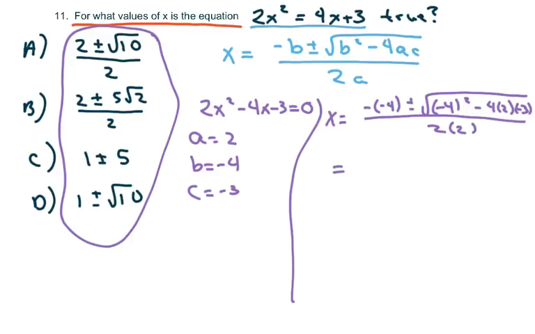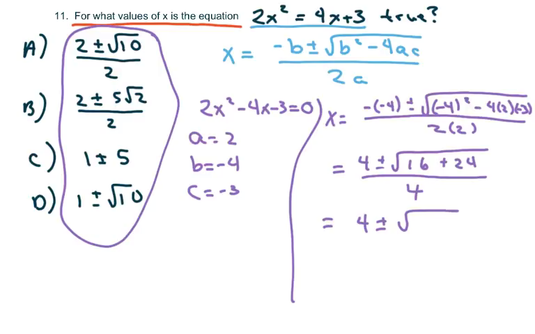Now let's simplify, and you're going to get 4 plus or minus the square root of 16 plus 24, which is 4 plus or minus the square root of 40. Whoops, I always go too fast on this. So it's over 4.